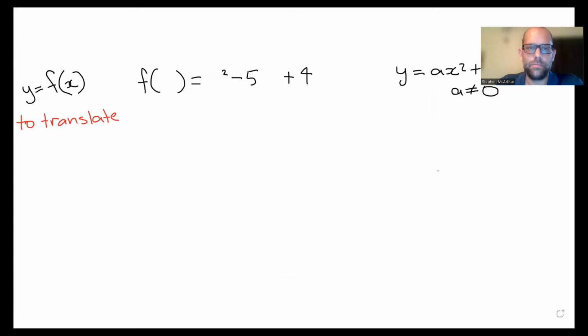And this is going to help some of us realize what was happening here. So x squared minus 5x plus 4. And the function is f of x equal to these things here. And our new one's going to be to translate it horizontally, left and right.